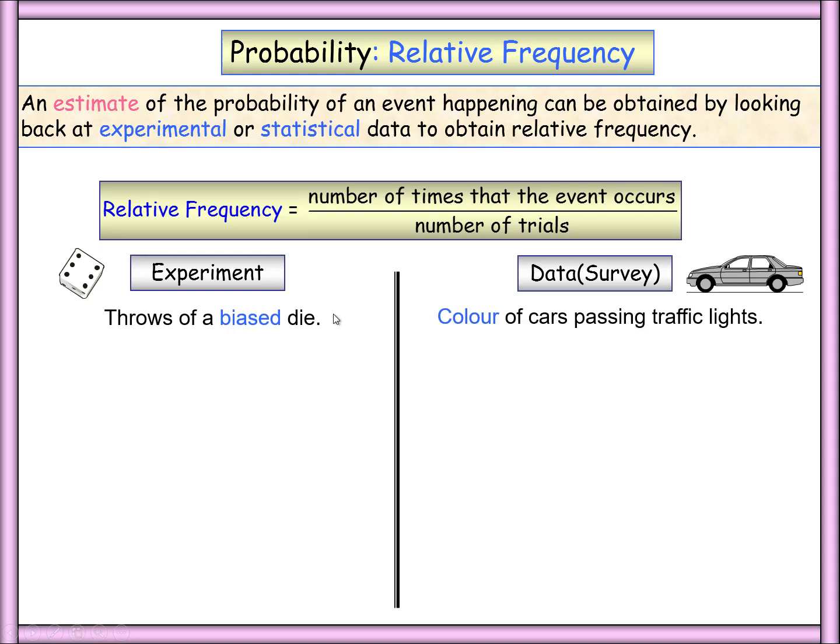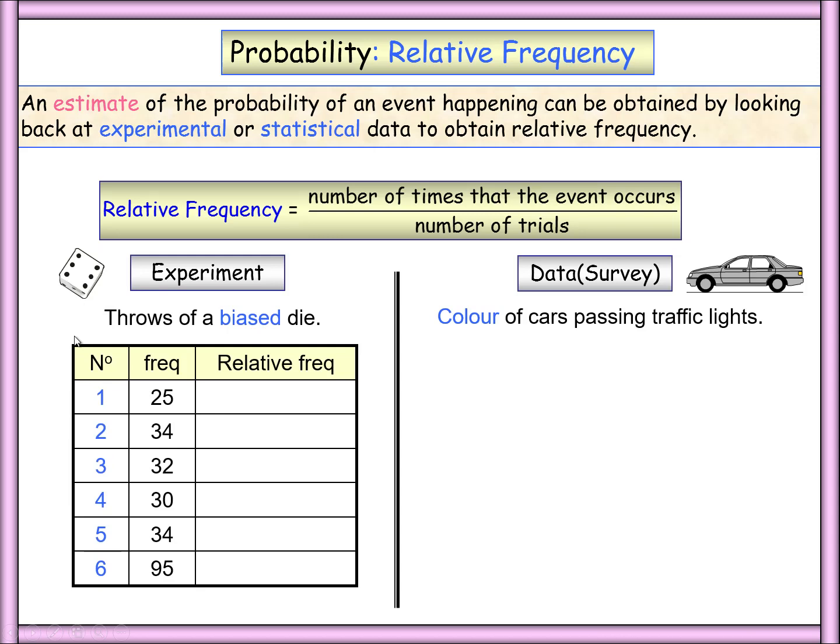So a biased die, we're going to throw the biased die a certain number of times to find out which number is more likely to come up. So our possible outcomes are 1 to 6, and here we've got the frequency.